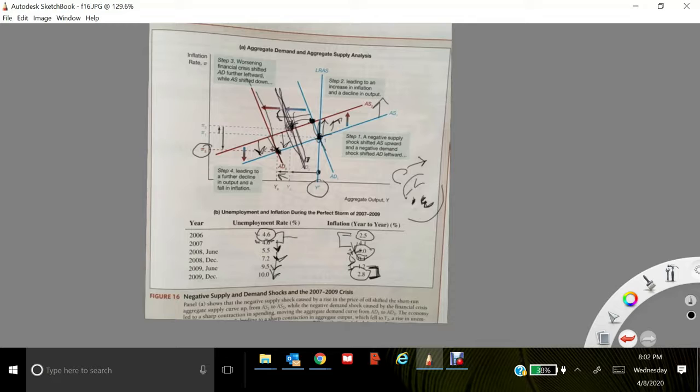But in general, you had a really nice situation here, but a much higher rate of inflation up to here, and the negative demand shock causes both inflation to fall and output to fall.